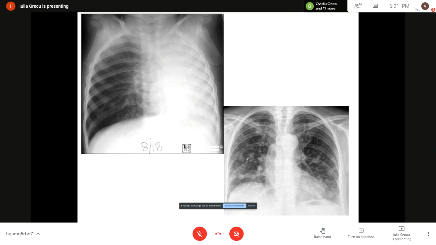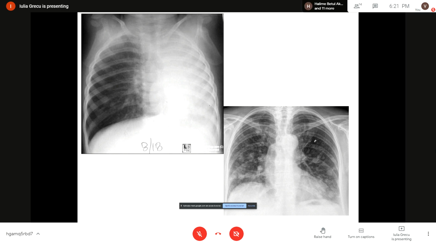The same thing goes for smaller opacities, but numerous, diffusely distributed in both lungs. We see these rounded opacities much more white than the normal aerated parenchyma, which you can see here, for example, in the upper part of the left lung that is spared by these lesions.